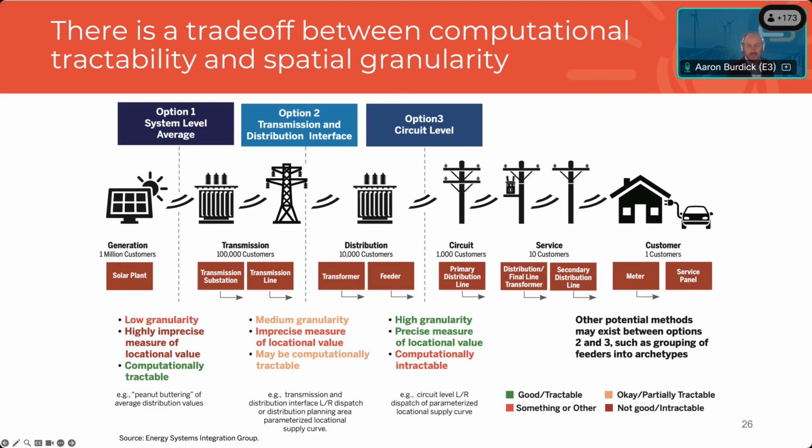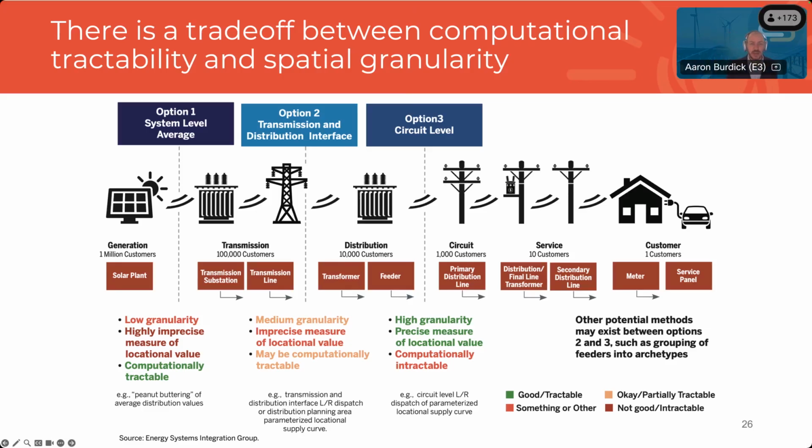So there are potentially other methods that sit between option 2 and 3, so grouping of feeders into archetypes, but no one has really developed a single approach here that can consistently scale to allow this kind of full system optimization.